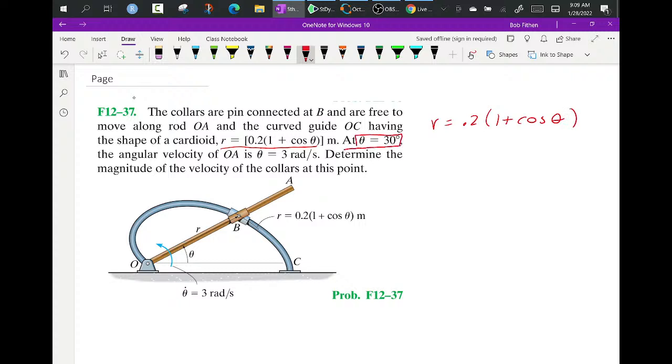At 30 degrees, which this looks like about 30 degrees, the angular velocity is this. Now I wrote over that, but there's a theta dot there. With that dot, that's one of the terms we're going to need. Determine the magnitude of the velocity of the collars at this point.